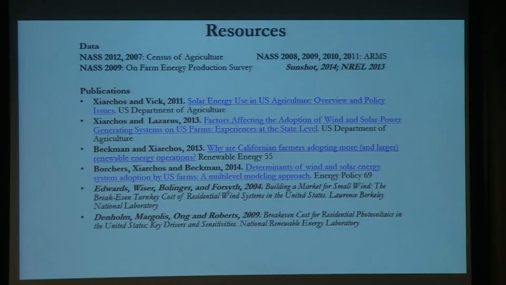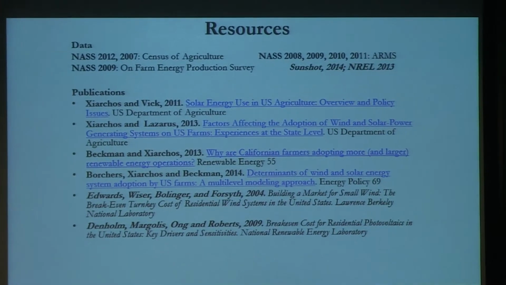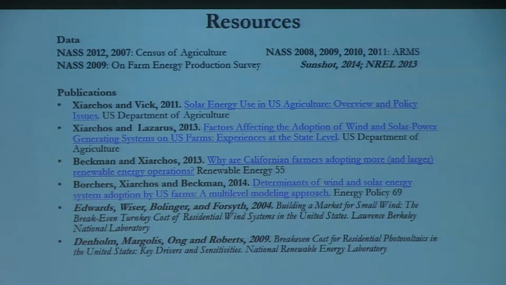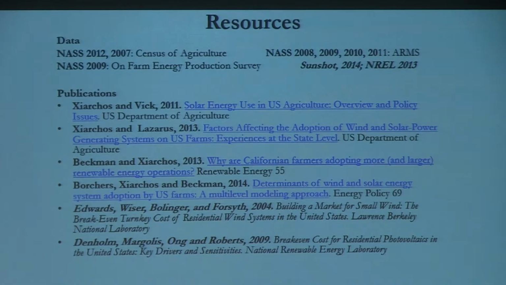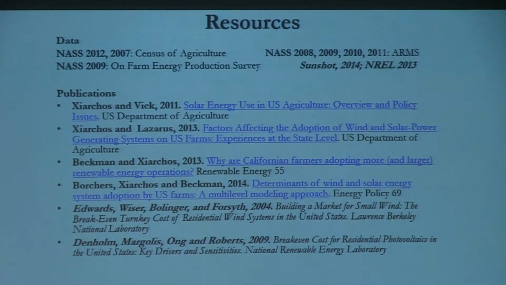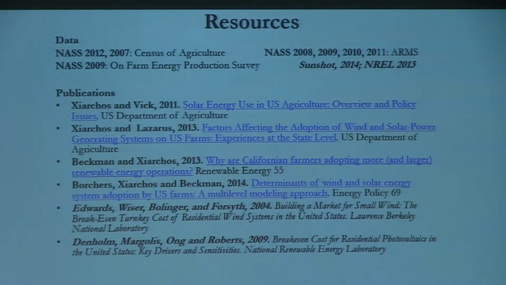The data that I'm using for the presentation are mostly coming from NASS, and some of them are from the Census of Agriculture, some are from the ARMS survey, and some are from the On-Farm Energy Production Survey that was an add-on to the 2007 Census of Agriculture that came about in 2009.